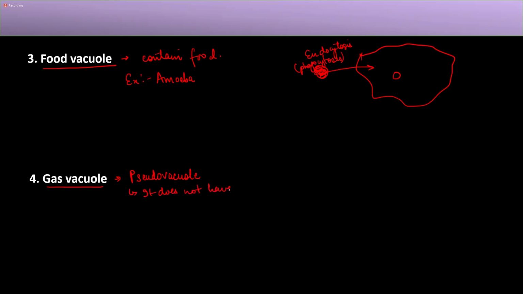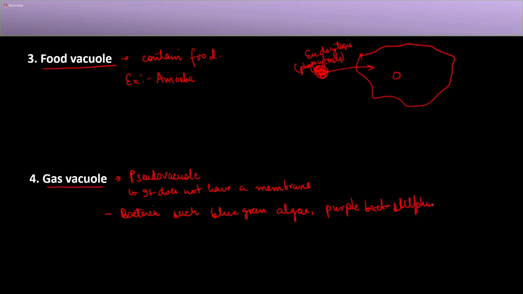When we were studying the prokaryotic cell, we saw that gas vacuoles are present in bacteria, such as blue-green algae, purple sulfur bacteria, etc. So these gas vacuoles are not true vacuoles, but pseudo vacuoles that are present in bacteria.